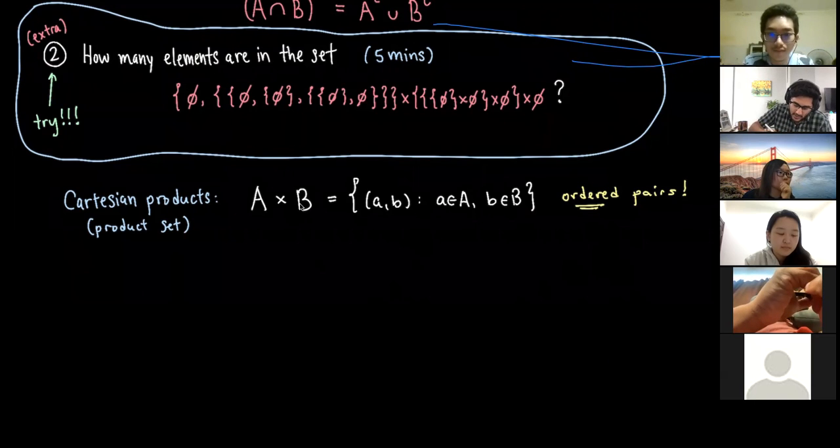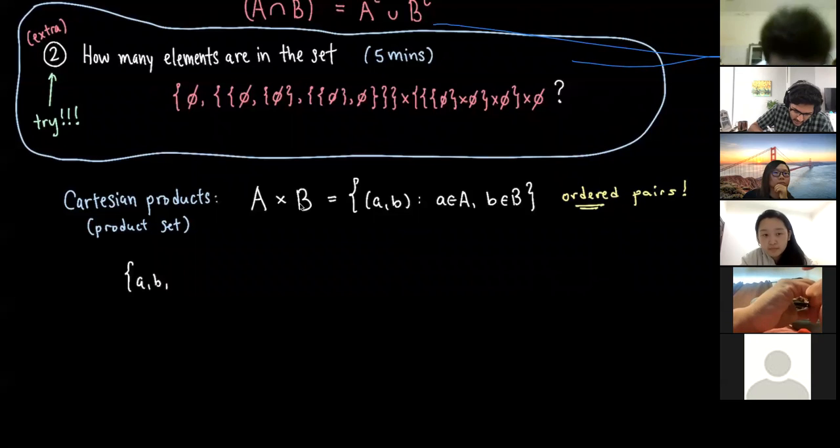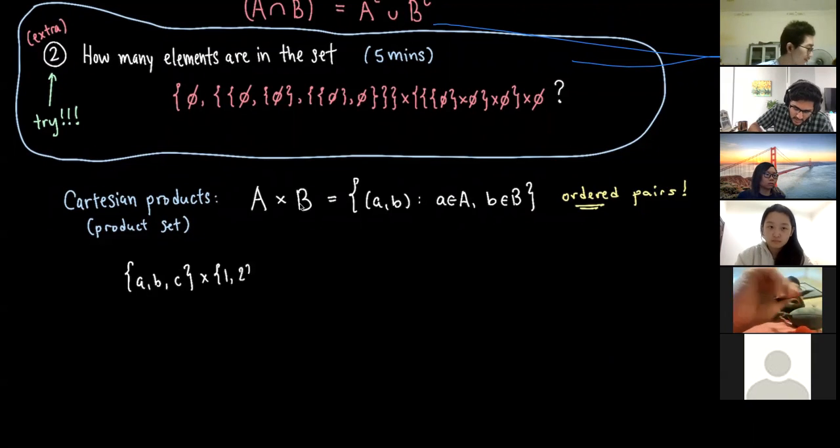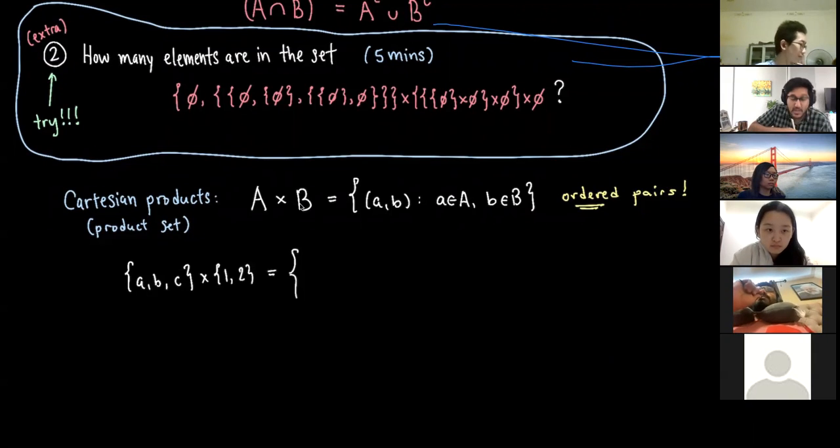So let me give you an example. If I give you the set A, B, C, let's say that, cross with the set 1, 2, this Cartesian product represents the set of all pairs of elements.